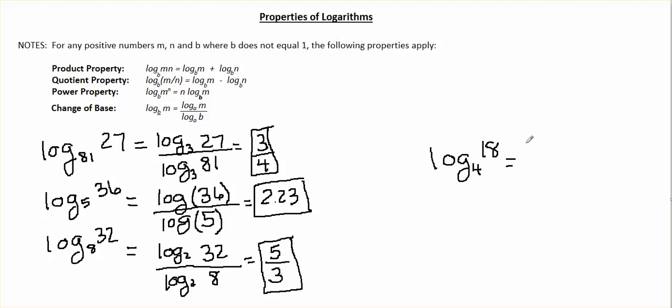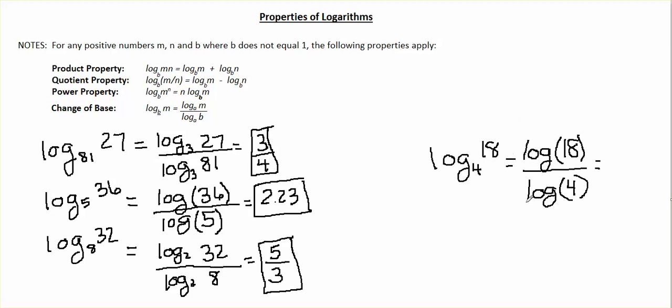But I'm going to convert it to a base 10, my common log, so that I can plug it in a calculator if I want to and figure out what it equals. So the common log base 10 of 18 over the common log of my old base, which is 4. And remember, when you plug it in your calculator, put parentheses around here so you don't make a mistake.